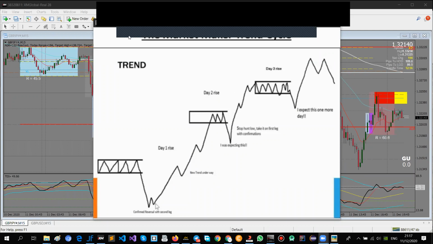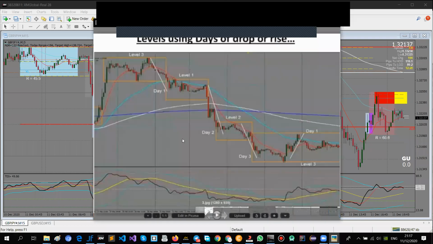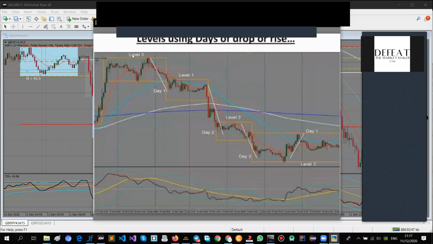So as we can see, there are intraday levels inside a major level. Intraday small level counting inside a big level. I hope you get that. Moving on to the next slide.